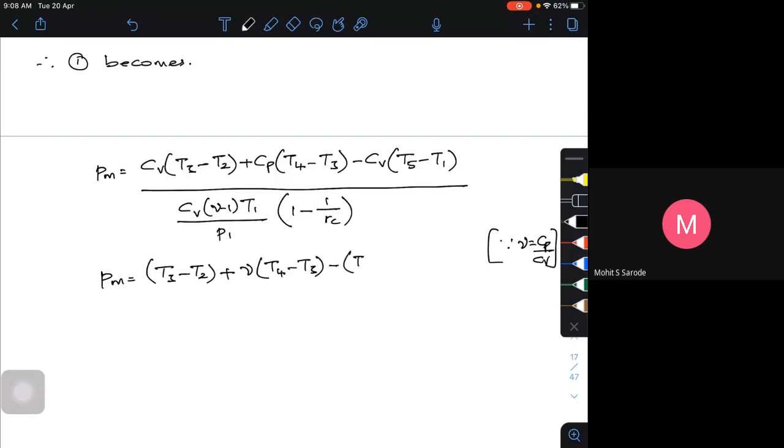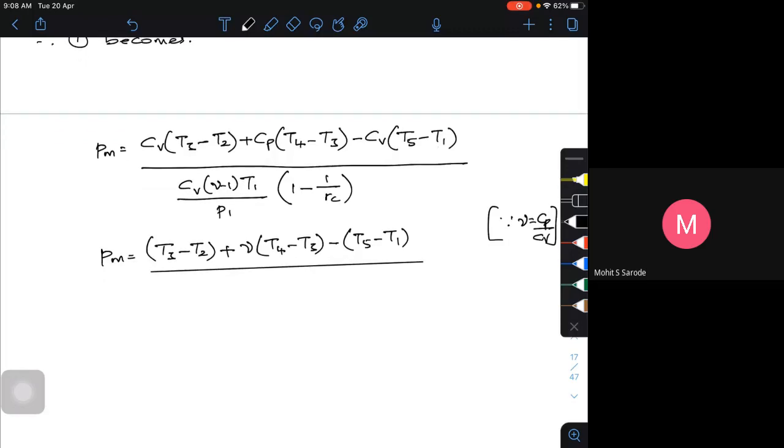It will be only T5 minus T1, whole thing divided by, so Cv I can cancel out, so it is only gamma minus 1 into T1 divided by T1 into 1 minus 1 by Rc. So this, let me call it equation number 6.